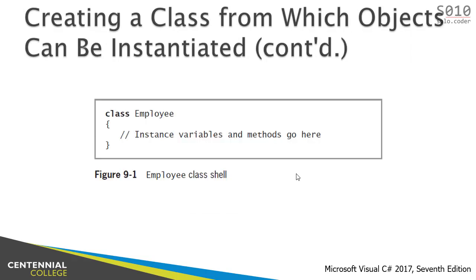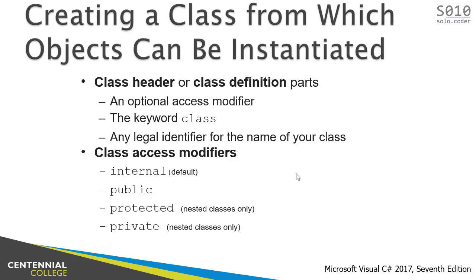Let's have a look at this class here. There's no public before class. There's just class. It means that it is internal, because internal is the default.